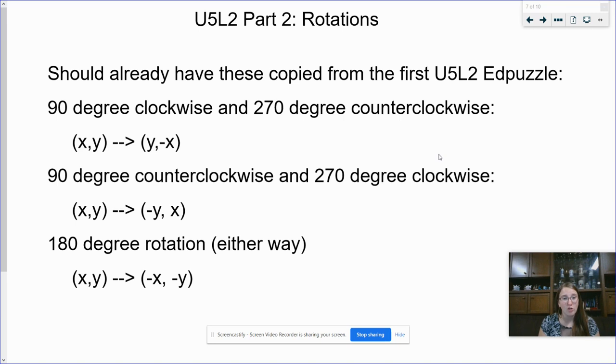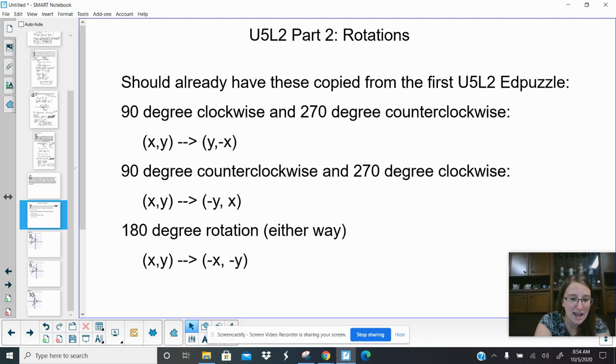And the nice thing about these formulas, though, is we don't really need to know that because all you got to do is pop each point into this formula. Say, for an example, and then we're going to try these questions. Say I have a point that is (2, -3). And it tells me to do a 90-degree clockwise rotation.